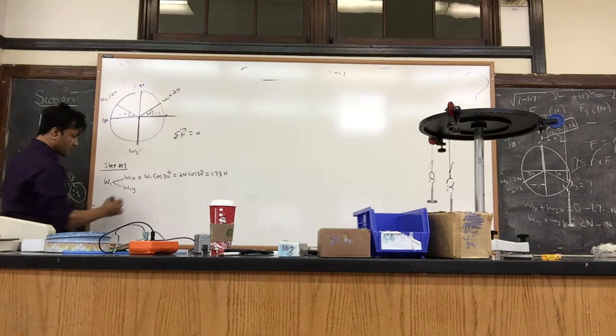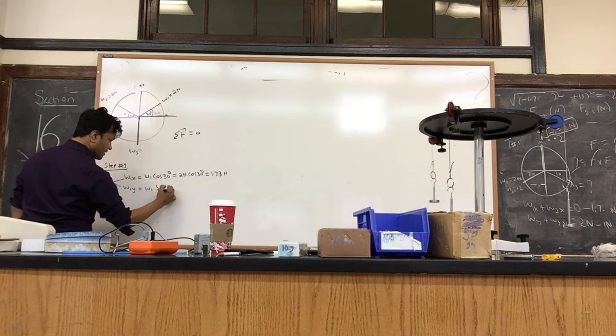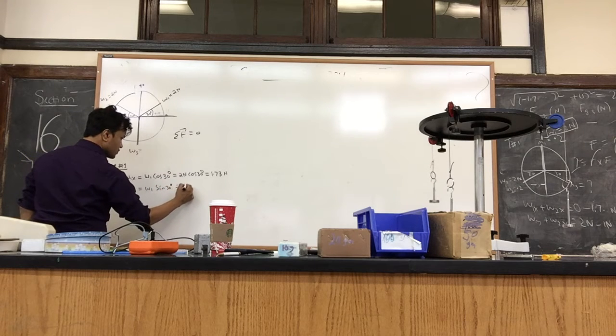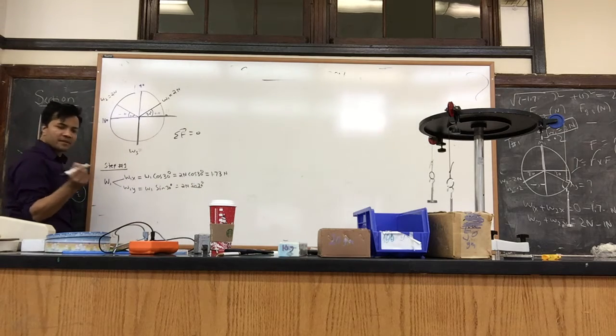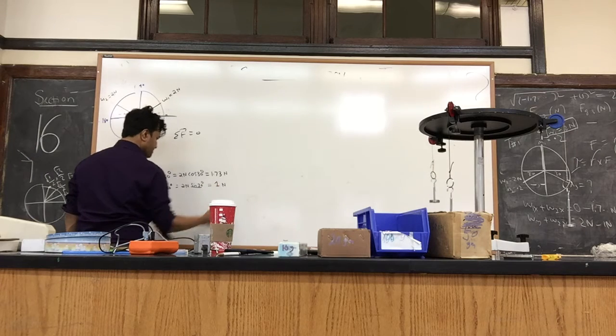And W1y is W1 sine 30 degree. This is 2 Newton sine 30 degree, and sine 30 degree is 0.5. 0.5 times 2 is 1 Newton.